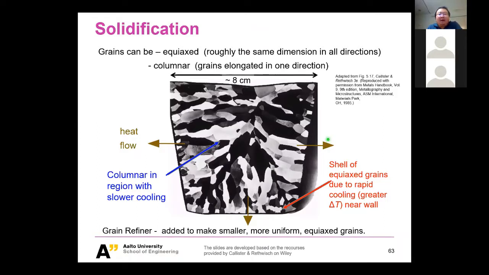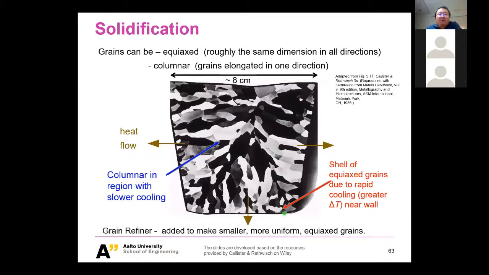So this is a so-called casting. You will learn what that is later on. What you see is a chamber, and you pour some of your liquid metal into it. And you would see finally the microstructure looking in such a fashion.